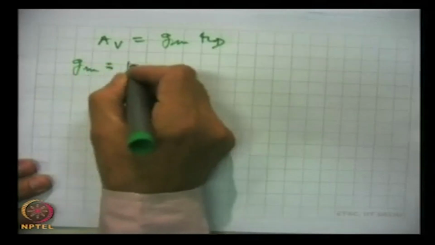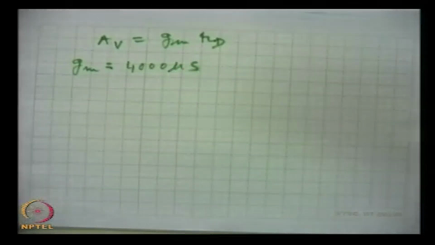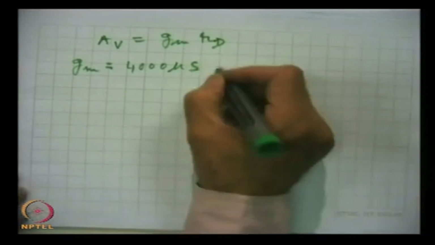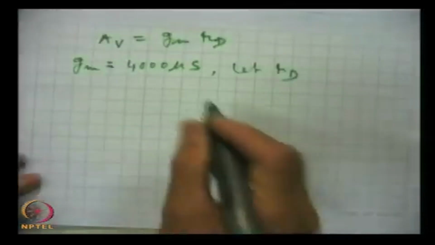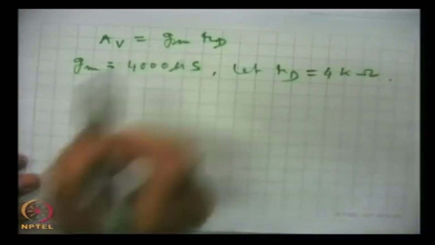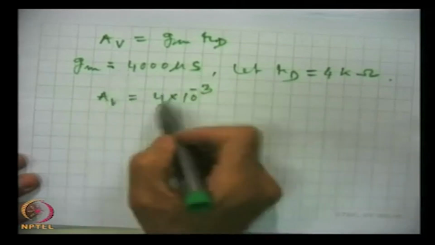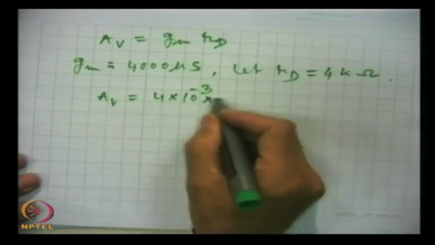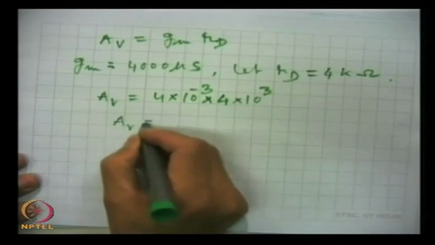Just to give an example, if GM is 4000 microsiemens, that is the unit in which GM is written, and R d, the parallel combination of all these resistances in the amplifier, is 4 kilo ohms, then according to this relation the voltage gain is GM into R d, which is 4 into 10 to power minus 3 times 4 into 10 to power 3. So voltage gain is simply 16.